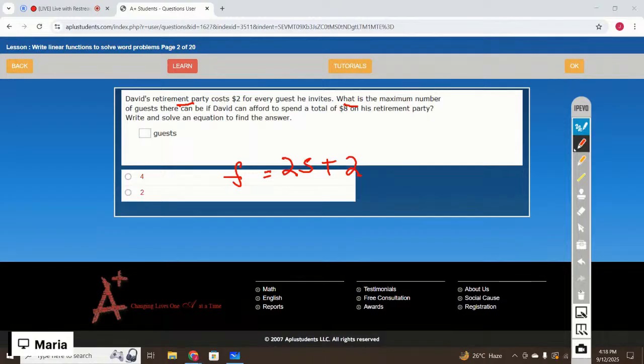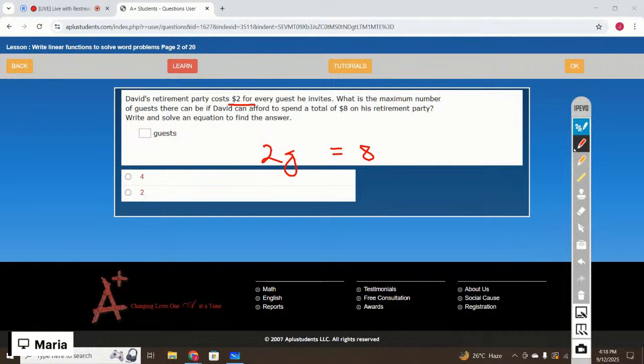Okay, so the retirement party costs $2 for every guest, right? What is the maximum number of guests there can be if David can spend $8 on the party? For each guest the cost is $2.